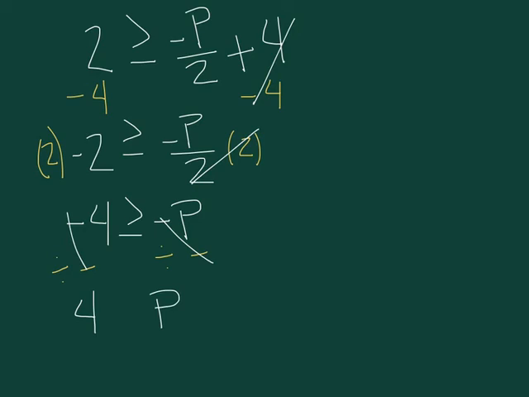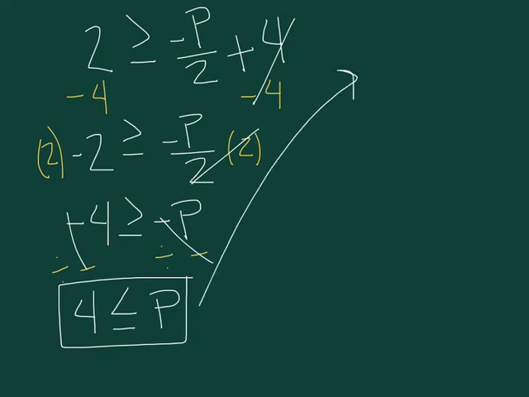So I go from having a greater than symbol to a less than symbol. So we have 4 is less than or equal to p. So remember, we like to have the variable on the left, so we'll put the p on the left, the 4 on the right. Keeping the relationship the same, we have the open side at the p, so we'll have the open side at the p.